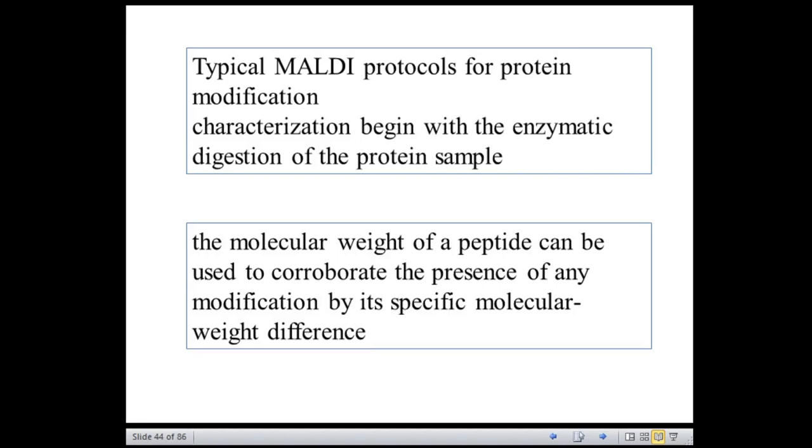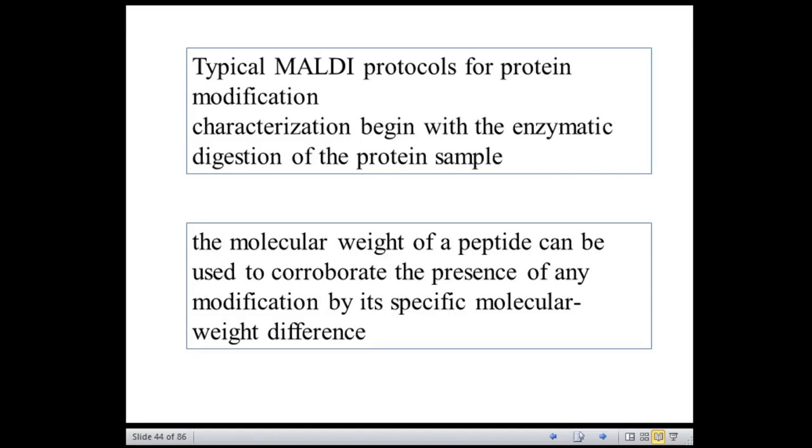So when a protein's primary structure is known, the molecular weight of a peptide can be used to identify or corroborate the presence of any modifications by its specific molecular weight difference.